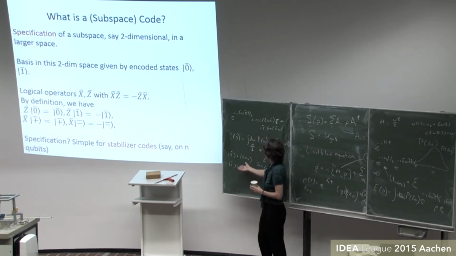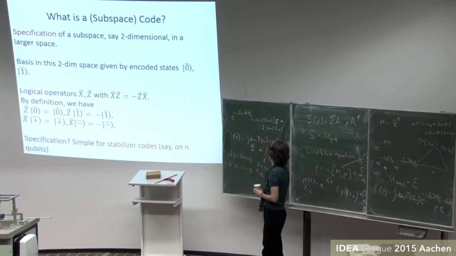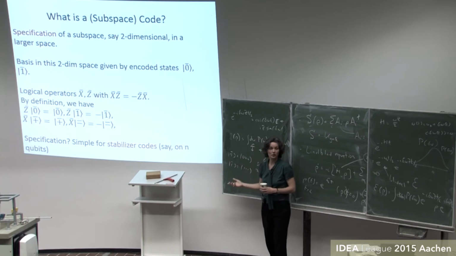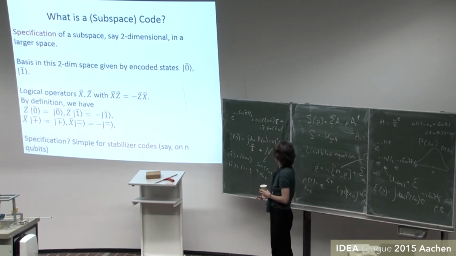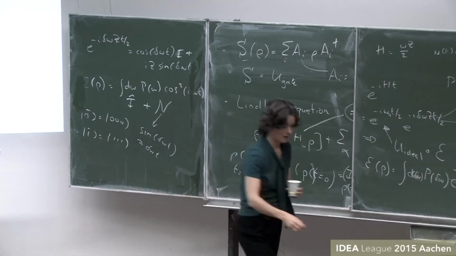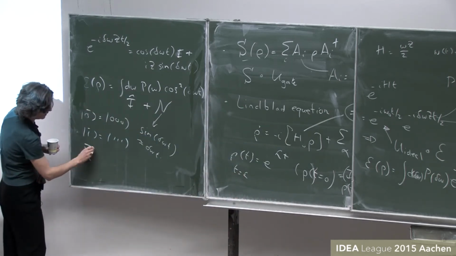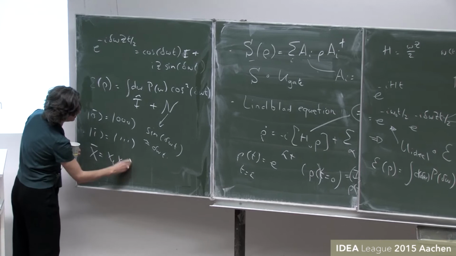And that logical bit flip operator can again be expressed in terms of actions on the 3 individual qubits. So in this case, the logical X has to flip the first bit, the second bit, and the third bit. So the logical X is X1, X2, X3.